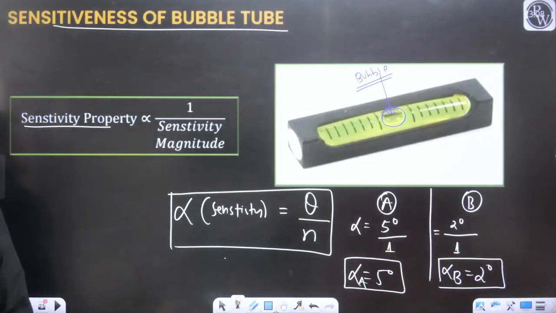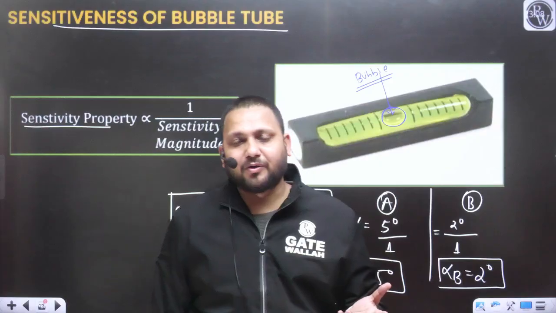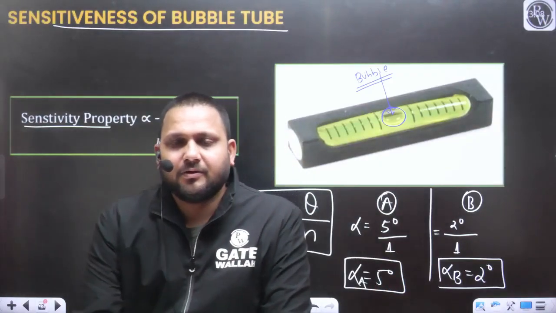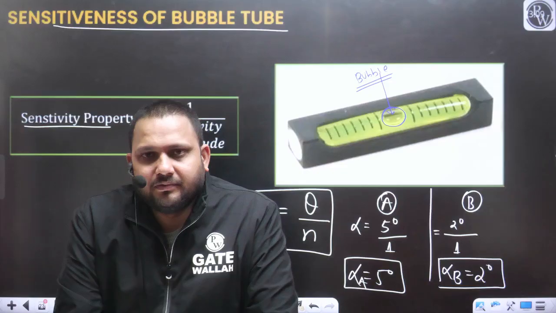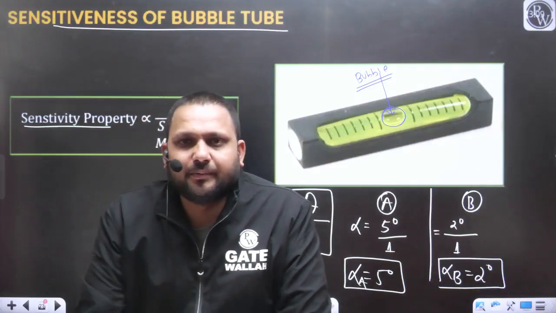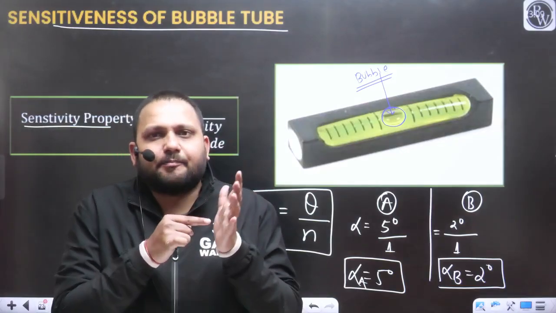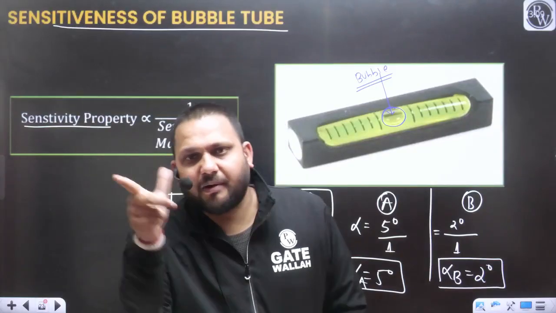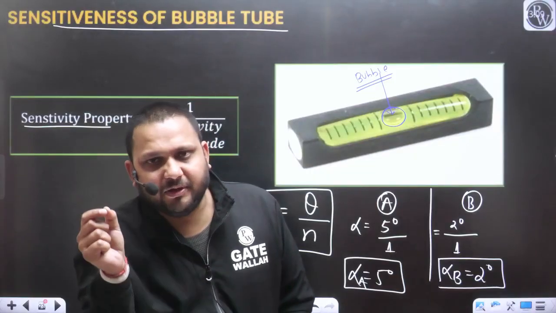But this is the magnitude of the sensitivity. If I talk about sensitivity as a property, which one is more sensitive? Under less impact, the bubble is moving. With a small angle, the bubble moves one division; with a large angle, the bubble moves one division.